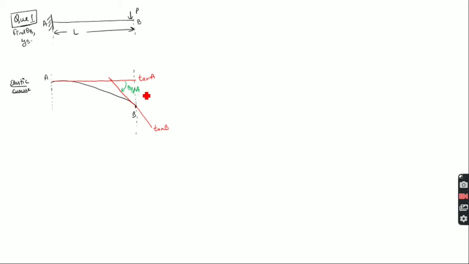How should we calculate this? We know that theta BA is the area of the 1 by EI diagram between A and B, right? We know this formula. So first we have to draw the M by EI diagram, and for drawing the M by EI diagram, we must first draw the bending moment diagram, right?